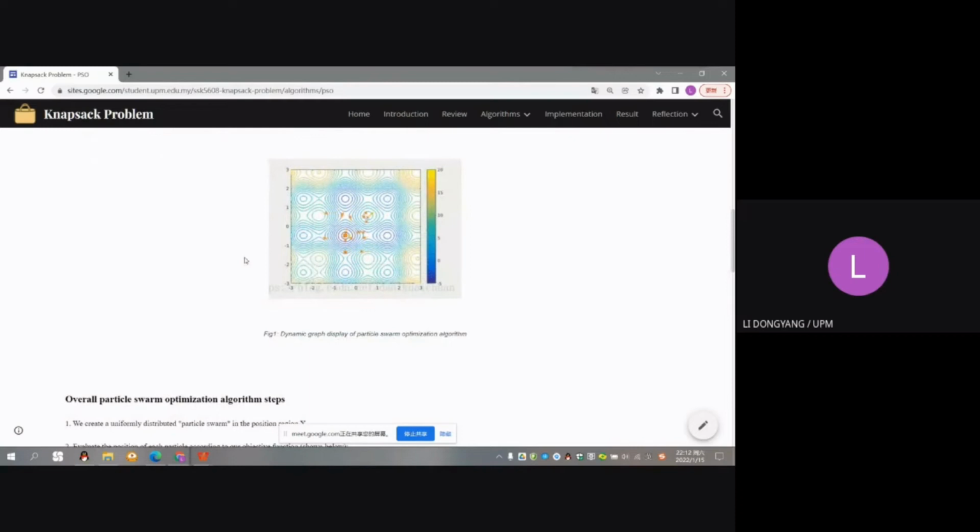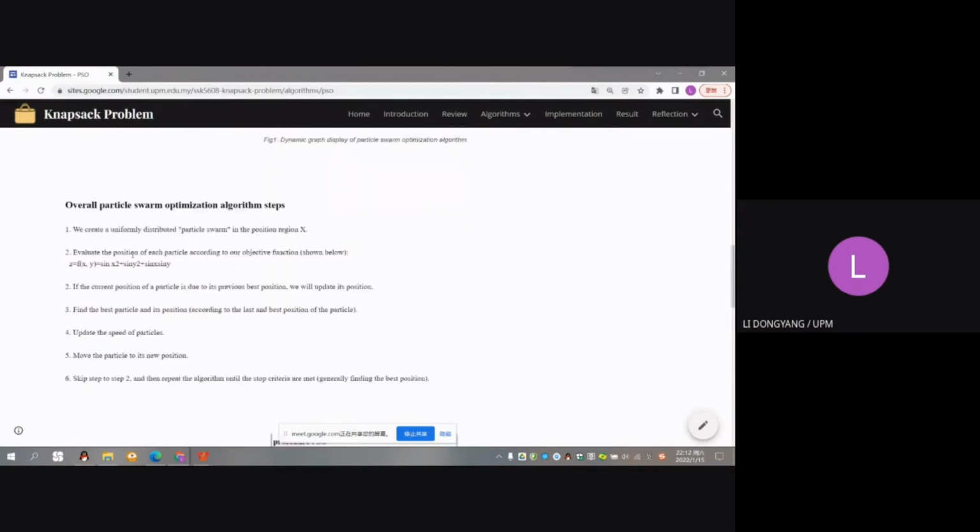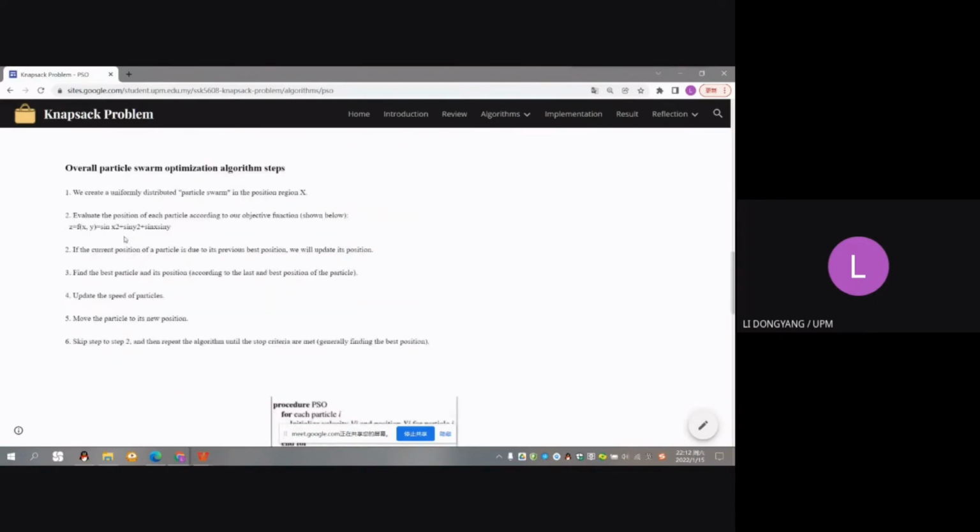The dynamic graph displays the particle swarm optimization algorithm, and you can see that finally they will get the best result. The overall particle swarm optimization algorithm has 6 steps. First, we create a uniformly distributed particle swarm in the position region X. Second, we evaluate the position of each particle according to our objective function.